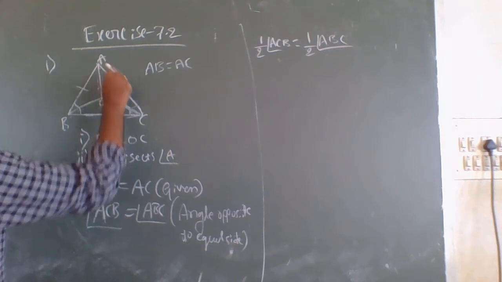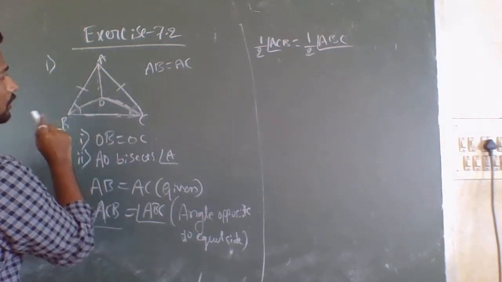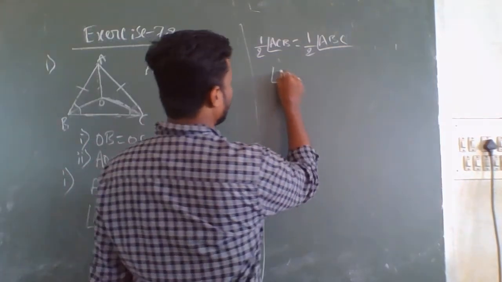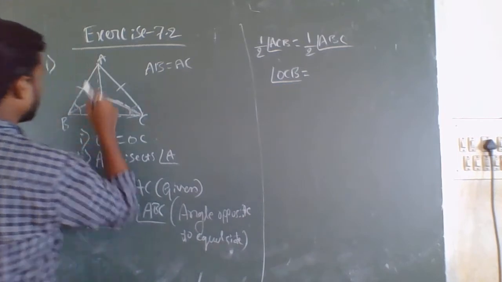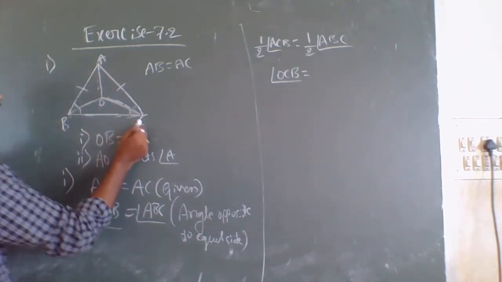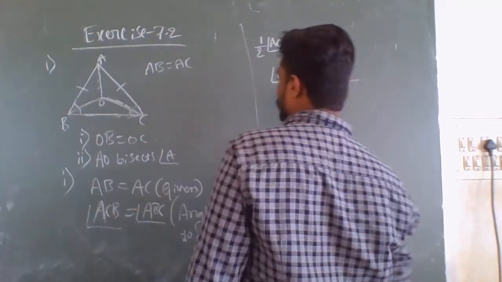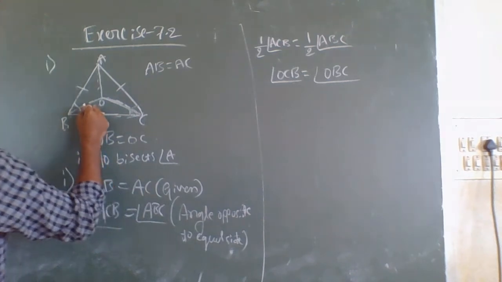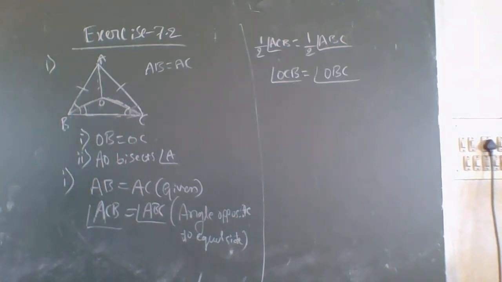Like this only, 1 by 2 angle ABC I will write as angle OBC. So now this angle OBC and angle OCB, these two angles are equal to each other.